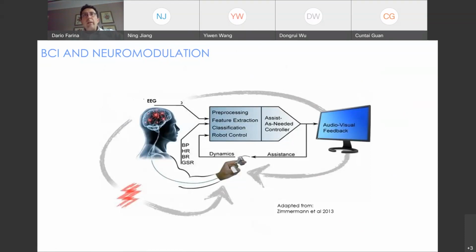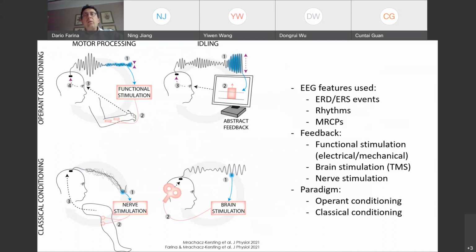Recently, as I mentioned, we tried to discuss a taxonomy, a classification of brain-computer interfacing, non-invasive specifically, in relation to the ability to induce plastic changes.